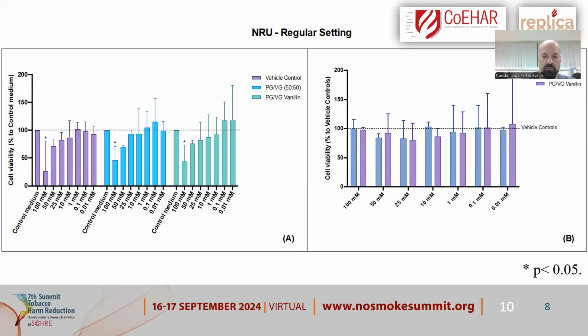On the right, figure B, the data are normalized as percentage of the corresponding vehicle control concentration. No significant differences were observed between each concentration of both PGVG and PGVG with vanillin and the corresponding vehicle control concentration.